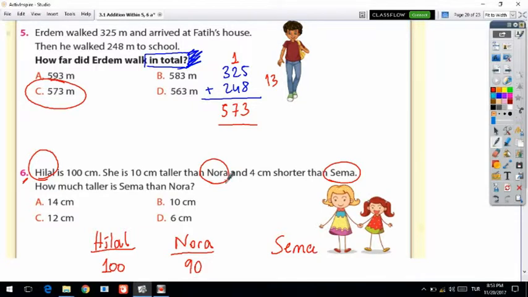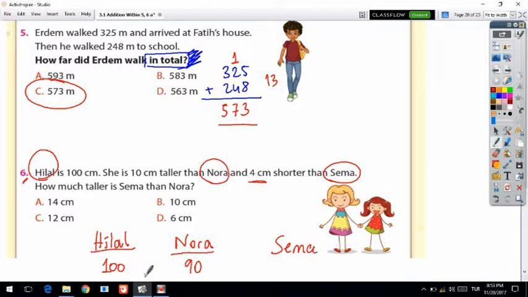She is 10 centimeters taller than Nora and she is 4 centimeters shorter than Sema. If Hilal is shorter than Sema, Sema is taller than Hilal. Sema is 4 centimeters taller than Hilal.